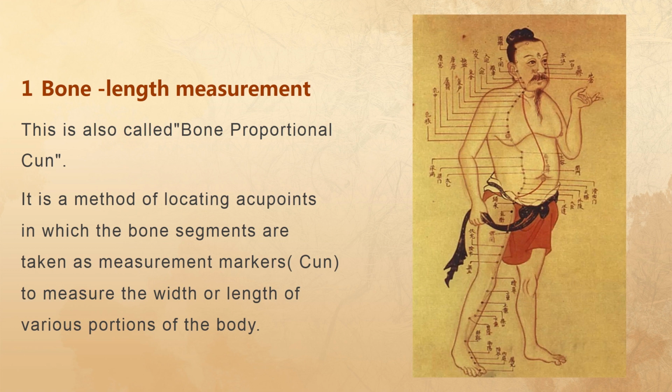This is also called bone proportional cun. It is a method of locating acupoints in which the bone segments are taken as measurement markers to measure the width or length of the various portions of the body.